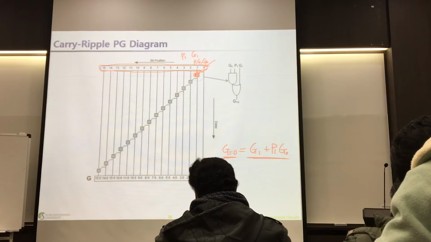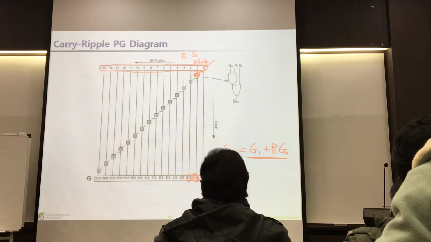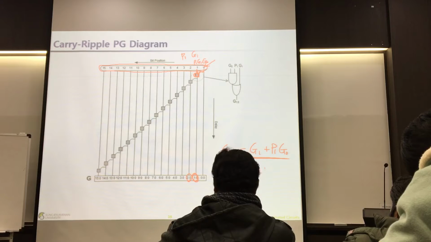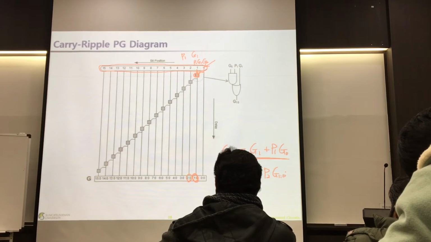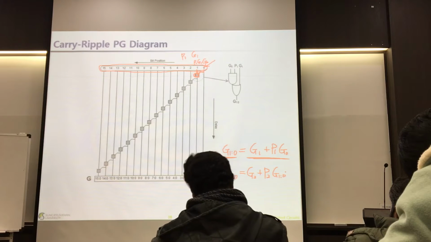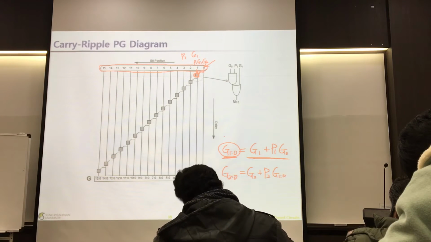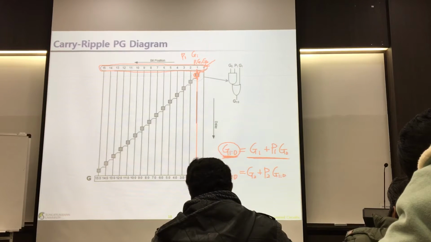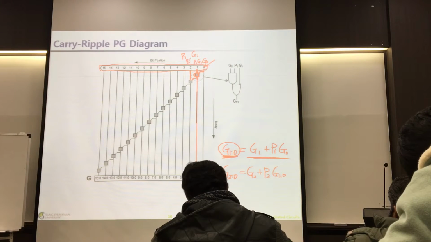Then how about calculating G2 to 0? This can be done by G2 plus P2 G1 through 0, right? This G1 through 0 is available here. This wire represents G1 to 0. So you take that input here and you take P2, G2 from this setup.